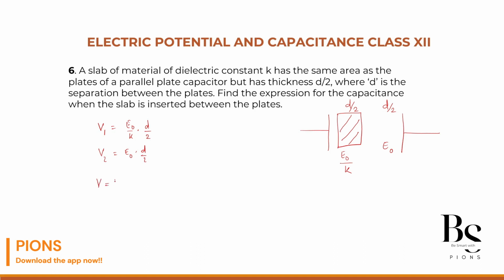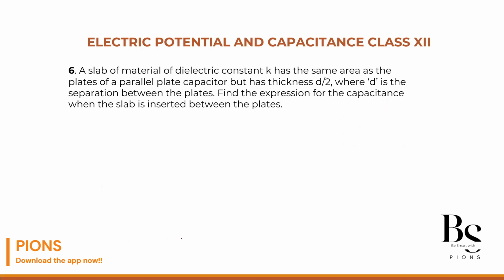Now the net voltage V will be equal to V1 plus V2. And V1 is nothing but E naught D upon 2K plus E naught D by 2. What is our electric field E naught? So sigma by epsilon naught D upon 2K plus sigma by epsilon naught D by 2. This is our voltage V.